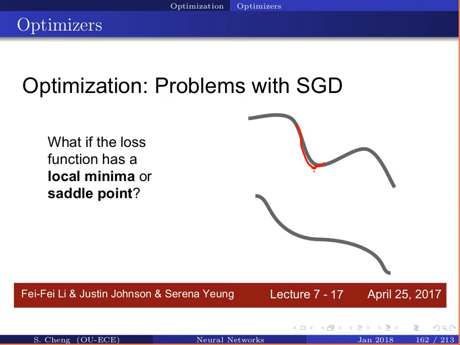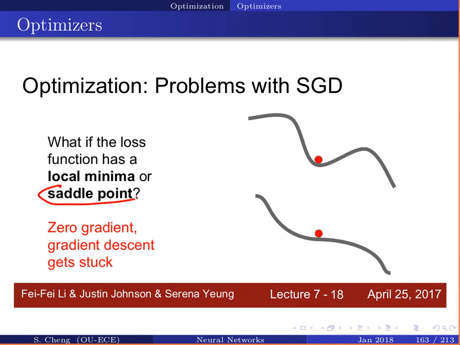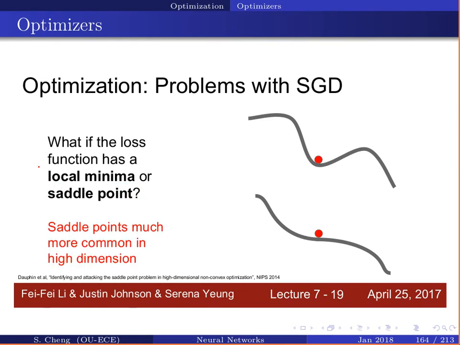But sometimes, even though it's not a local minimum, if it's just a saddle point where the slope at this point will be 0, our optimizer will still get stuck here. And one interesting thing people realized recently is that for high dimensional optimization, saddle points are much more common than local minima. It may not be intuitive at the beginning, but it's reasonable, right?